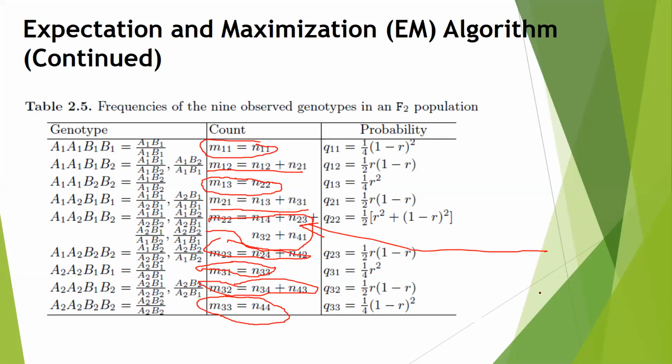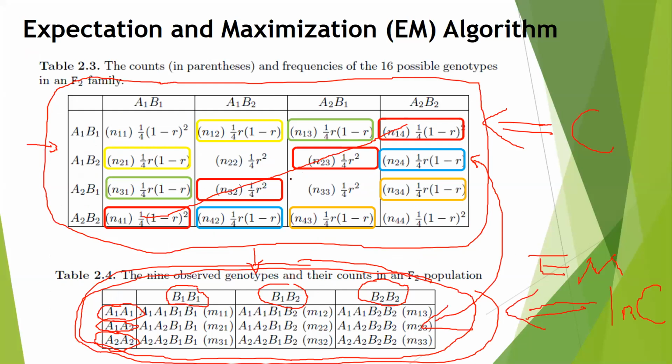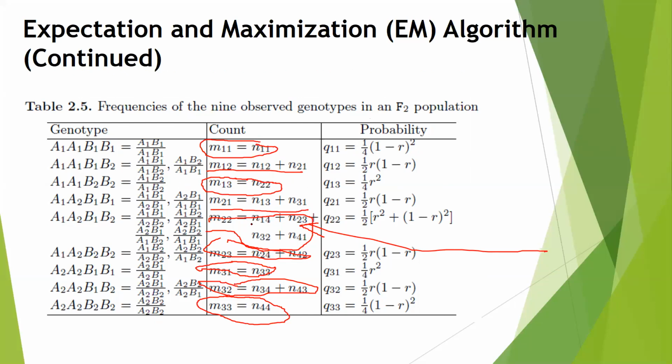Here, 4 categories are mixed together, so you cannot distinguish one from another in this category. Is that correct? The same here, the 4 subcategories are combined to form this single category for this 9 category problem. Is that correct? Okay, good.